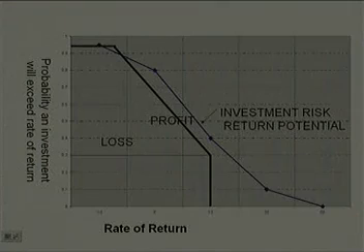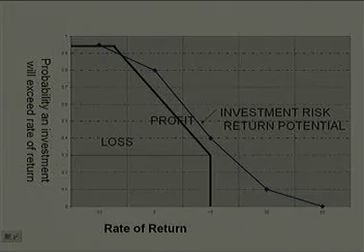So, what I do is try to plot a graph between rate of return and the probability value. Now, what is that probability? The probability that the investment will exceed the given rate of return. So, on the x axis I have rate of return.